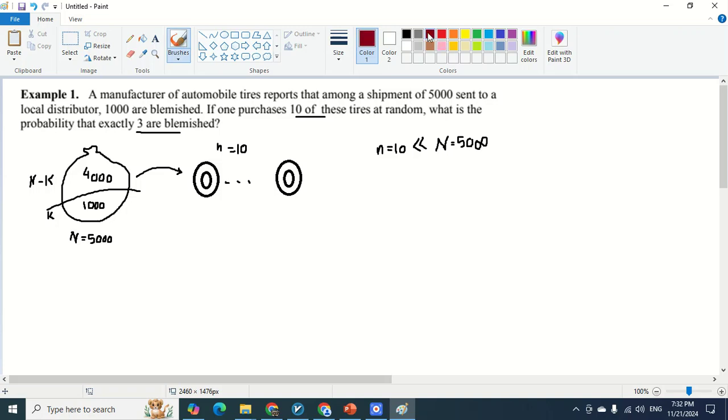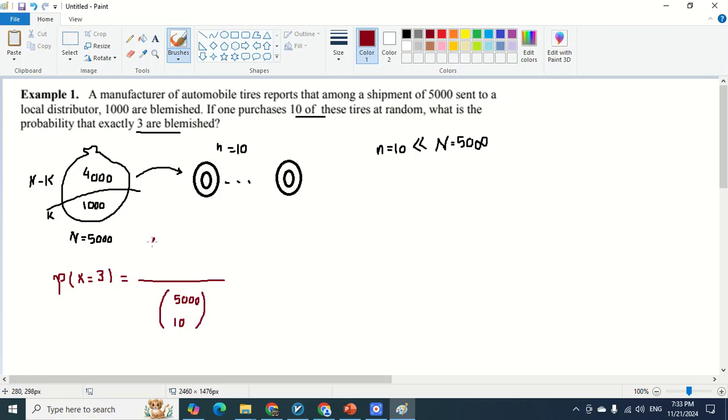Indeed, the exact value of the probability of x equal to 3, where x is the number of blemished tires, is as follows. The denominator is a selection of 10 tires out of 5000 cases. As you can see, that number is too big, and to calculate it you need a good calculator.